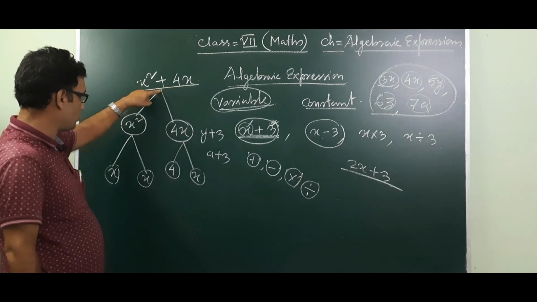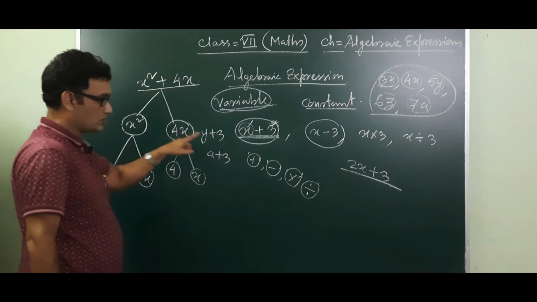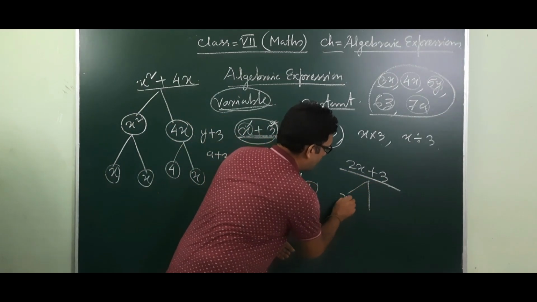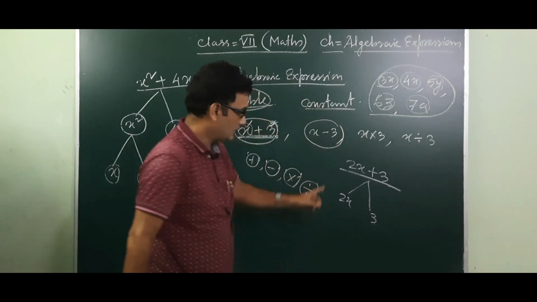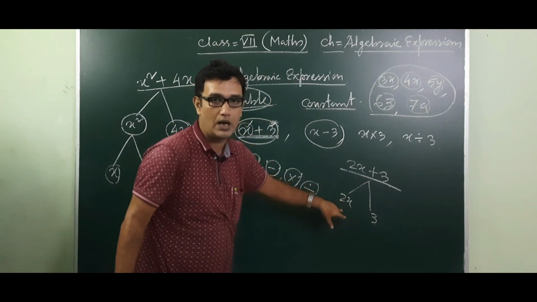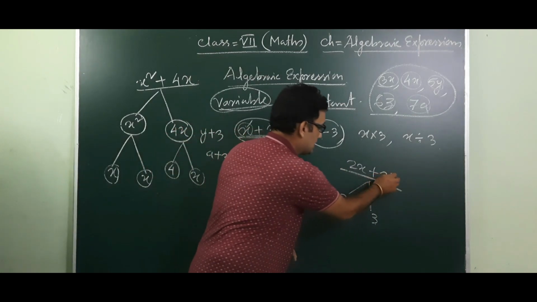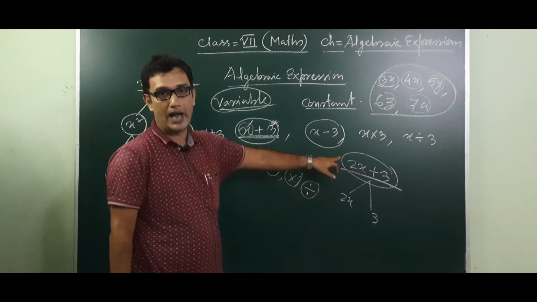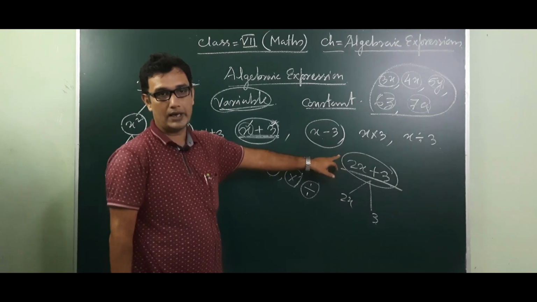From this expression we get 2 terms, that is 2x and 3. That means this expression is a binomial expression. It is called binomial.